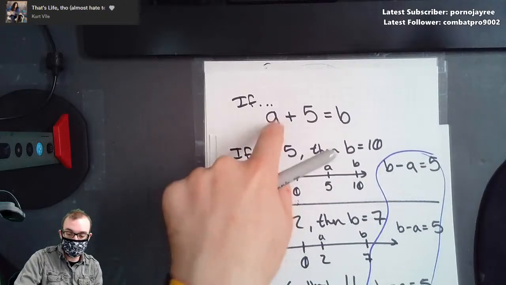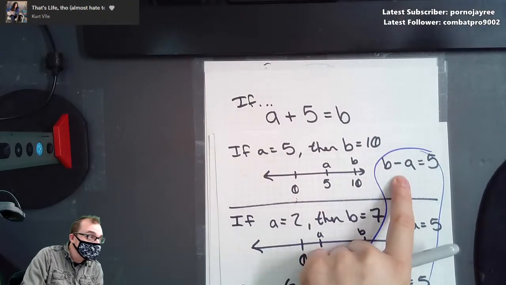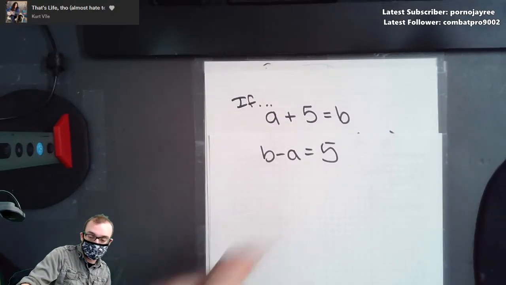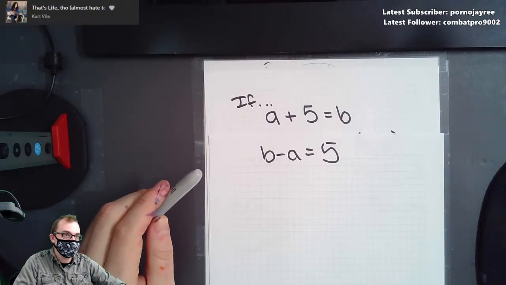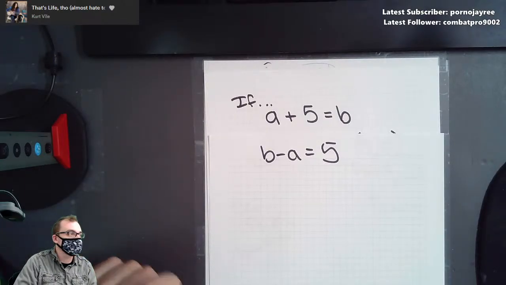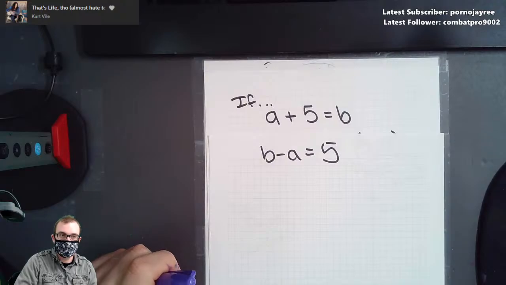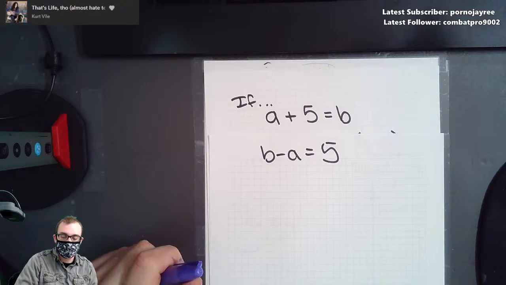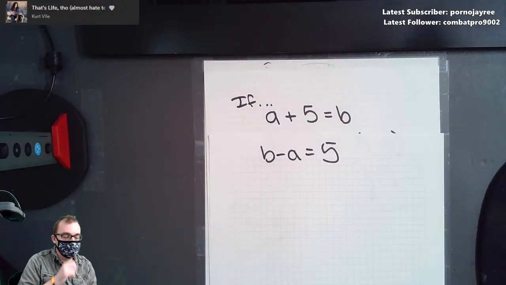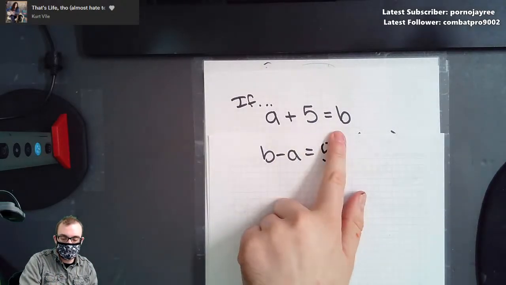So this must imply this. That means if PEMDAS is true, we should be able to get from here to here. What do we do? A little tricky, isn't it? What do you notice about this one and this one?